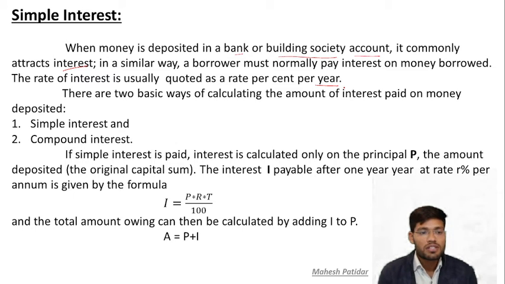So this system is known as the interest system, in which if we calculate the interest only on the principal amount, we call this simple interest. Otherwise, in another way, if we calculate interest on the principal in the first year, and in the second year and later, interest on interest, then this is called compound interest.